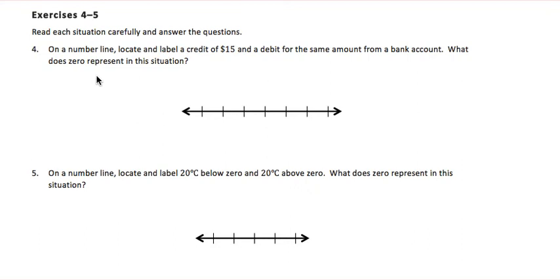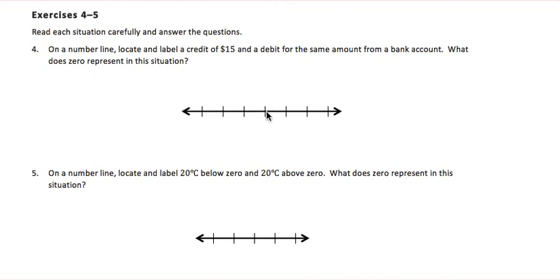Exercise 4. On a number line, locate and label a credit of $15 and a debit for the same amount from a bank account. And then tell what 0 represents in this situation. In this number line, we have 1, 2, 3, 4, 5, 6, 7 equal intervals.